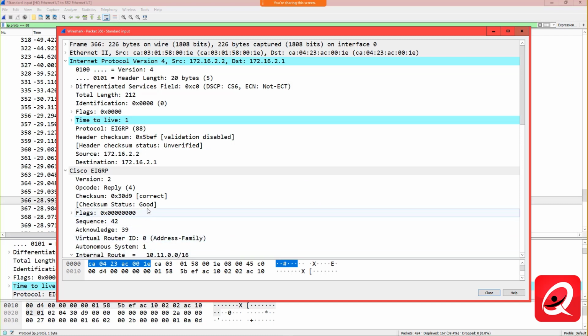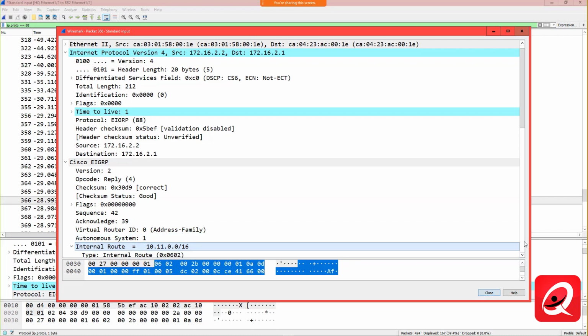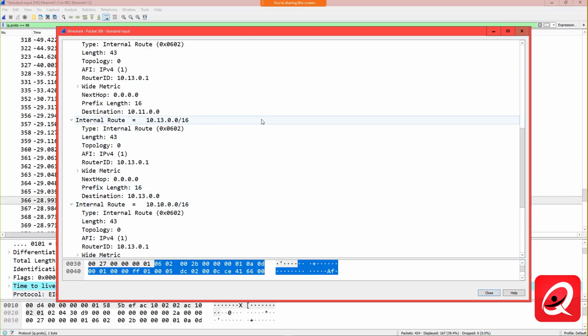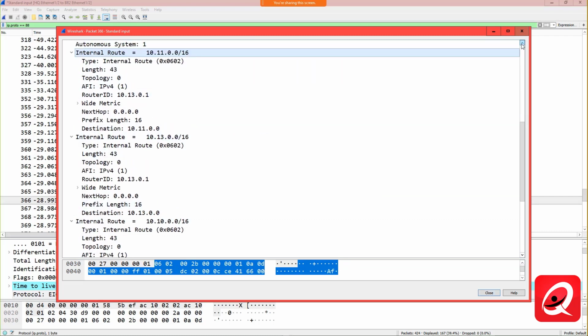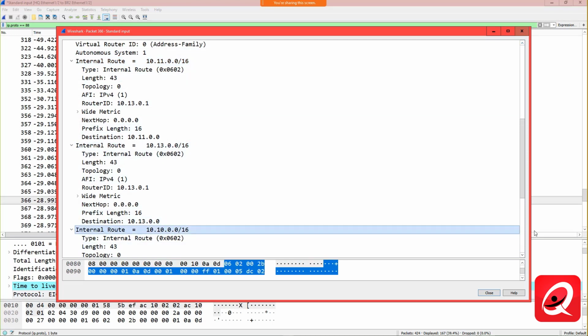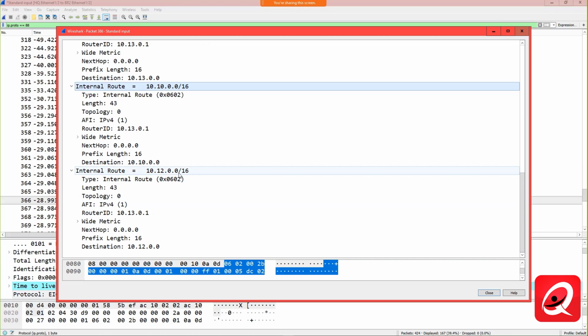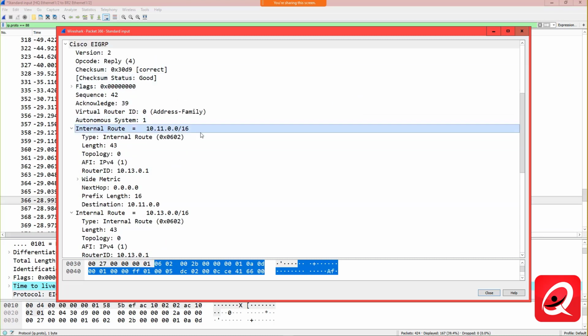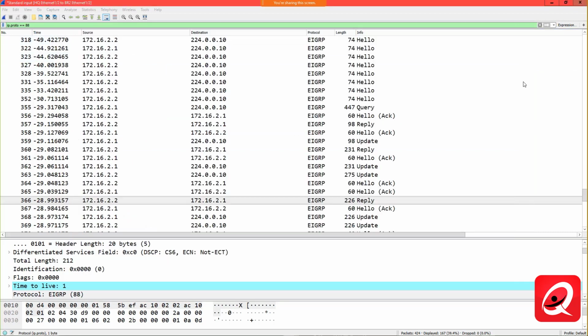All right. Let's see, reply. This is the 10.11 subnet. So what's happening is, okay, so this one includes a few others. My point is that we're getting several unique replies for these destinations. So this included 10.12, 10.10, and 10.11, and so on.